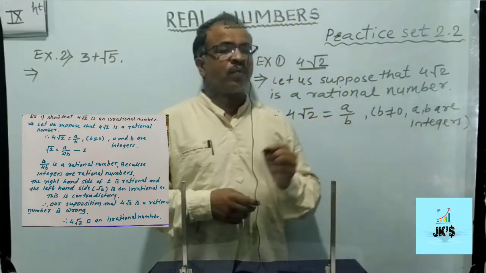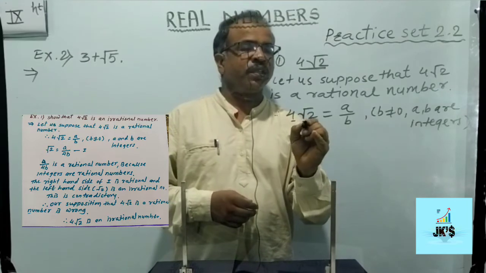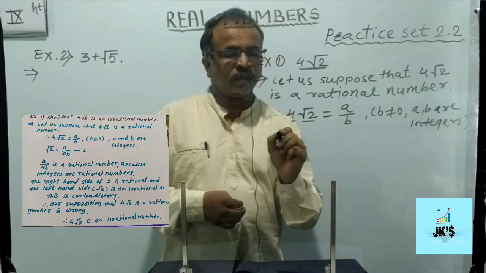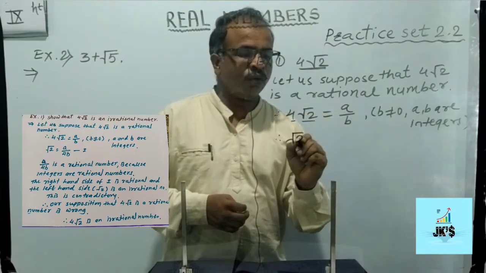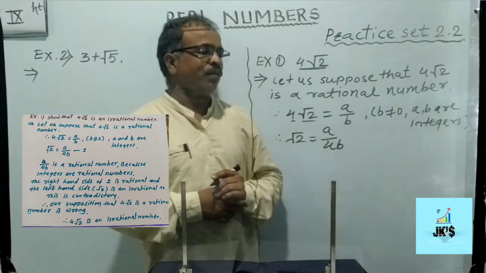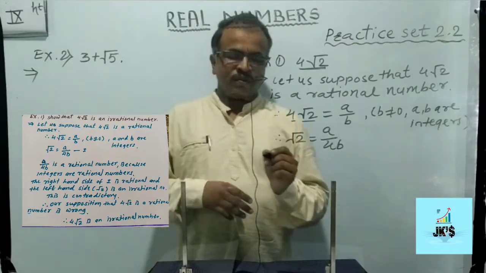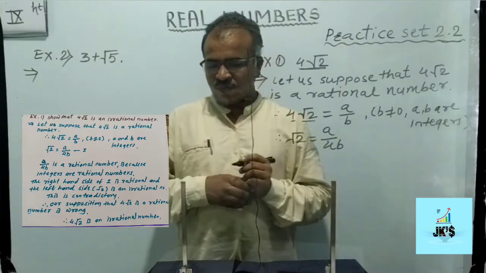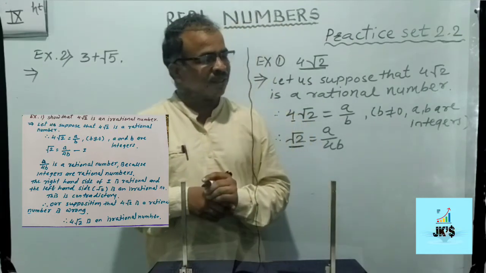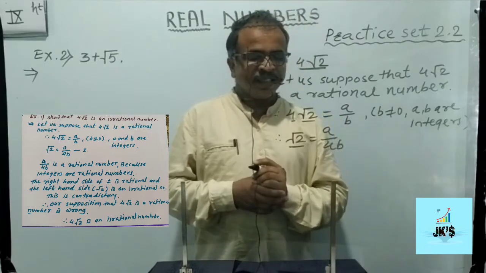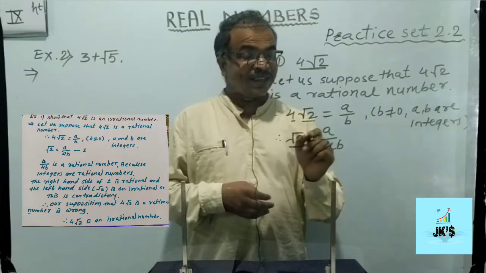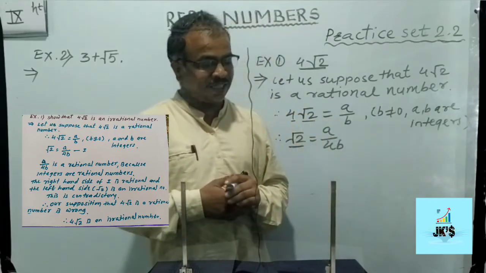This 4 is in multiplication with root 2, so the 4 goes into division. Then root 2 equals A upon 4B. Friends, previously we studied that root 2 is an irrational number and A upon 4B is rational.